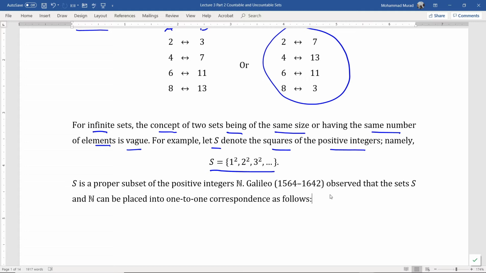We see that the set S is a proper subset of the positive integers N. Galileo observed that the set S and the set of natural numbers 1, 2, 3, 4, 5, and so on can be placed into a one-to-one correspondence as follows.